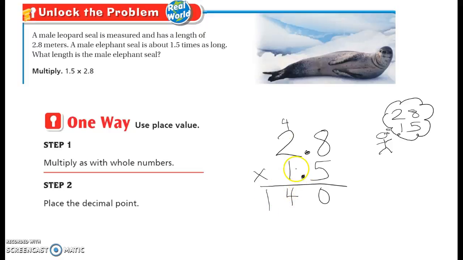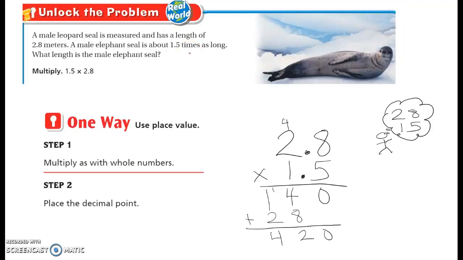Okay, I'm going to go fairly quickly through these steps. 1 times 8 is 8, 1 times 2 is 2, and then I'm going to add those numbers up. 0, 12, 4. All right, I've got my answer, 420. But I know that 420 doesn't really make sense as an answer here.